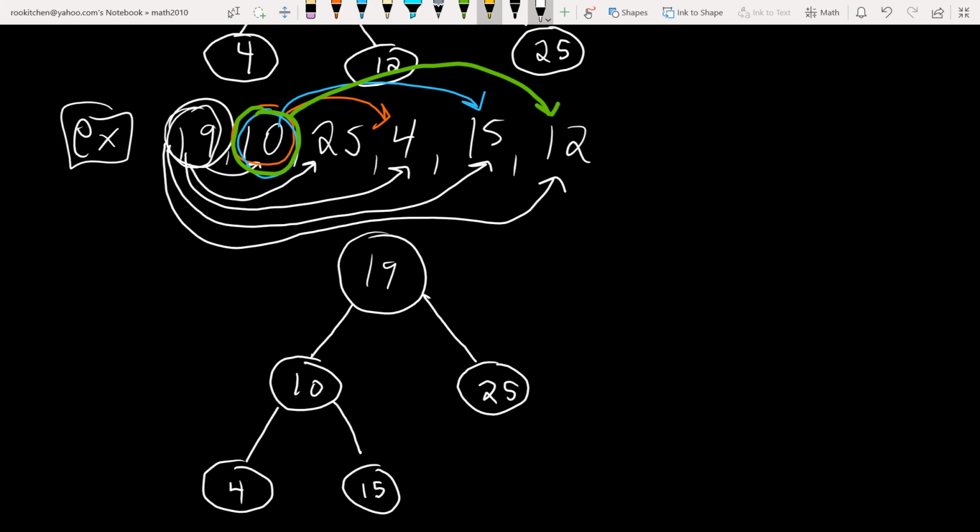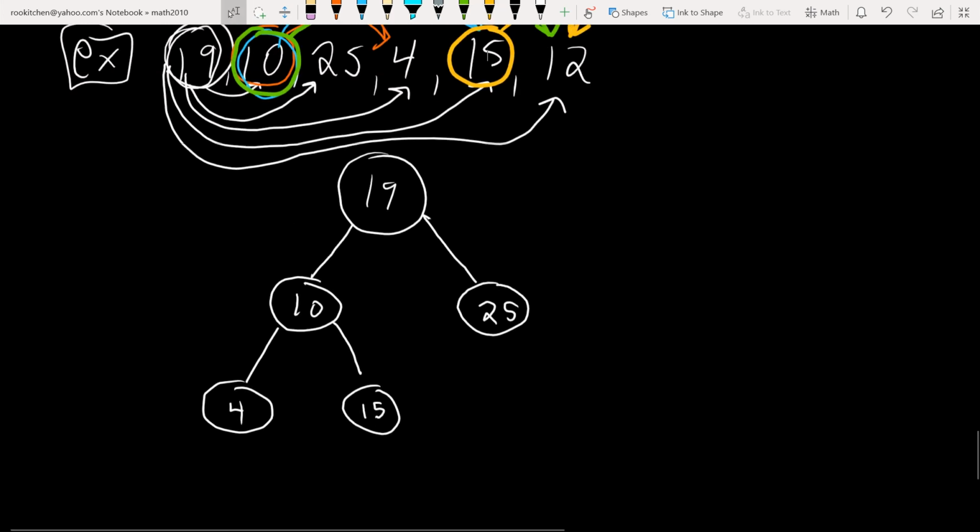Let me circle 15 in yellow, and I'm comparing 15 to 12. 12 is less than 15, so I must be going to the left. There's nothing there, so I add an edge and deposit 12 in that vertex. Okay, and that's it. That's the algorithm.